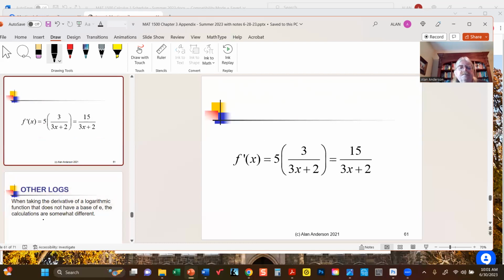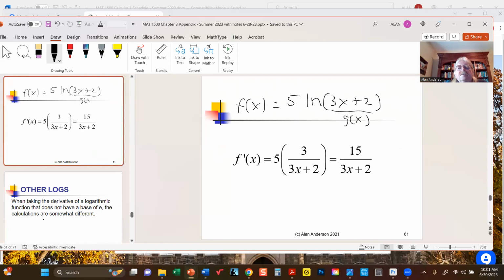Quickly, let me remind you one more time. This was originally 5 times the log of 3x plus 2. Think of this as g of x. And so therefore g prime of x is simply 3, based on the power rule.